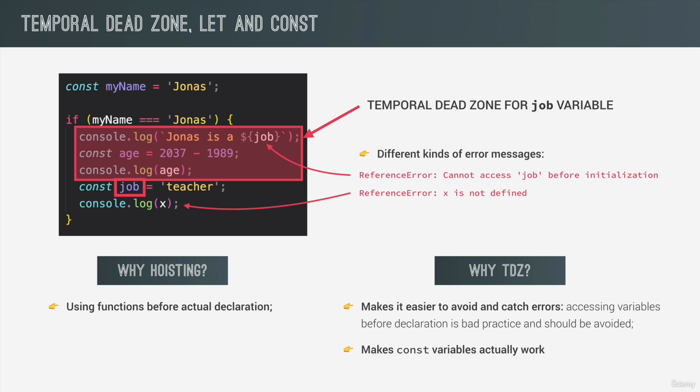Now, the fact that it also works for var declarations is because that was the only way hoisting could be implemented at the time. So the hoisting of var variables is basically just a byproduct of hoisting functions. And it probably seemed like a good idea to simply set variables to undefined, which in hindsight is not really that great.